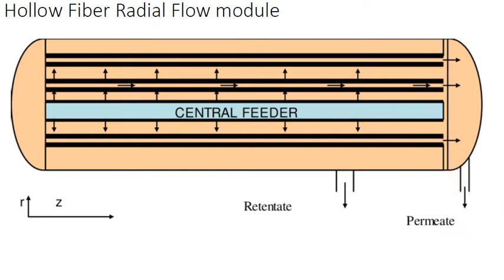Now this is the special geometry used for reverse osmosis, especially for seawater desalination, where you need a very large membrane area because the fluxes are very low. Why are the fluxes very low in seawater desalination? Because the salt concentration is very high in seawater, so you get very low fluxes, and the required pressure is very high.